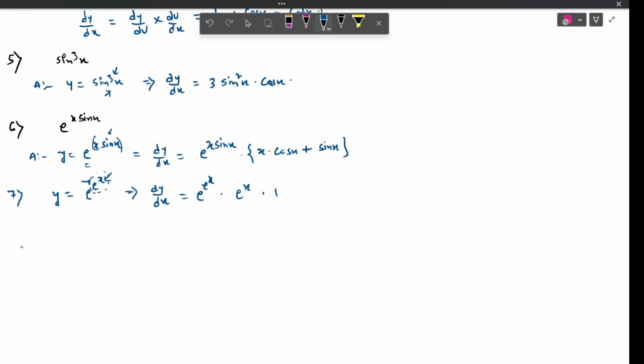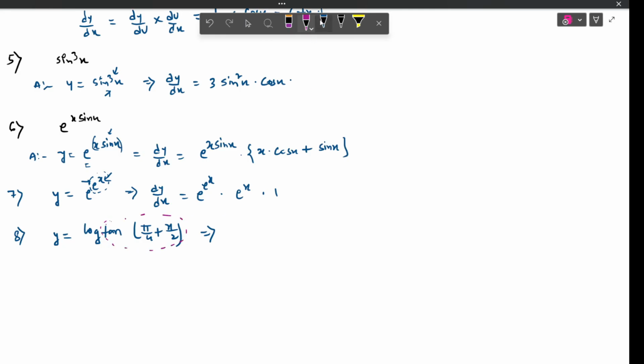Now let's see our next question. We have to differentiate y equals log of tan of pi by 4 plus x by 2. So how to differentiate this thing? Now let us say log of x. Now let us say this whole thing is your x.